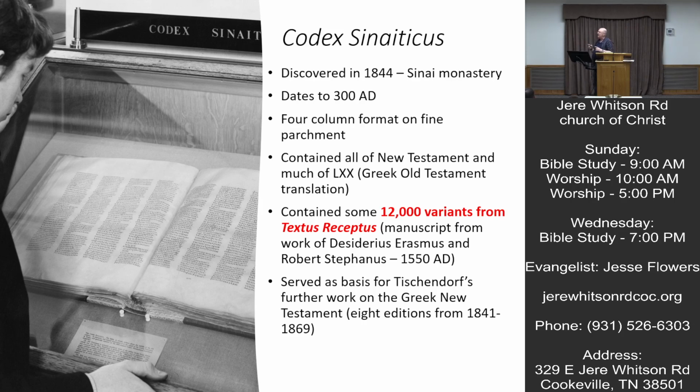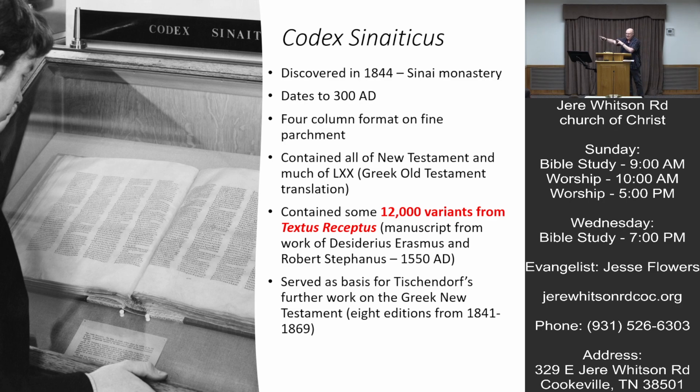And now, all of a sudden, the mind starts working a little bit, because they noticed that there were 12,000 variants between the Sinaiticus and the Textus Receptus. Now, what does that tell you? First of all, the stuff they used to build the Textus Receptus came from the Eastern Roman Empire, the Byzantines.